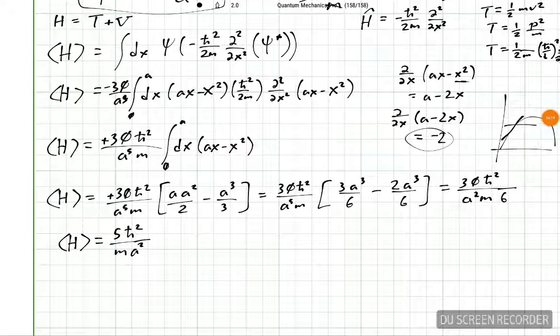Okay, first check. Always, always, always first check: units. Kilograms squared, meters to the 4th over seconds to the 4th times seconds squared.